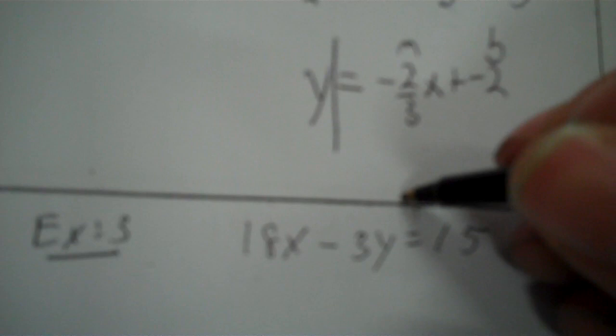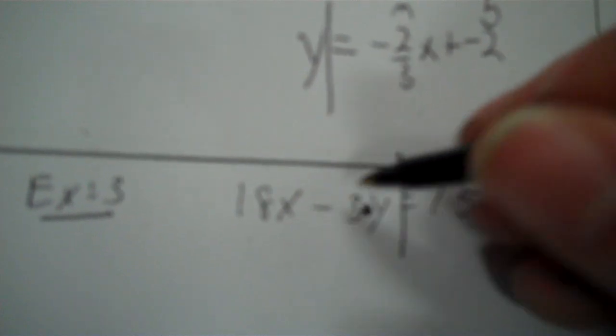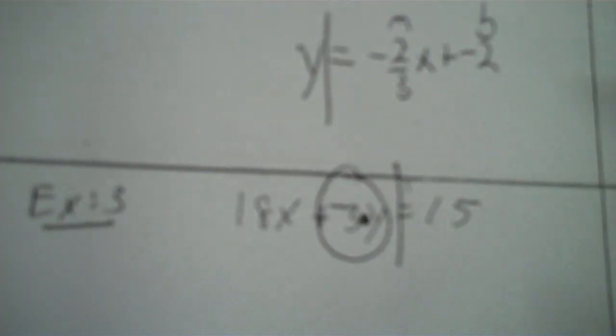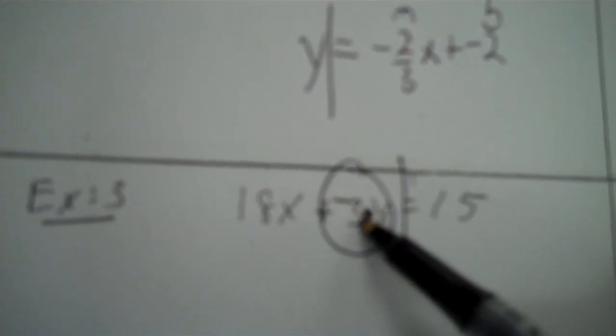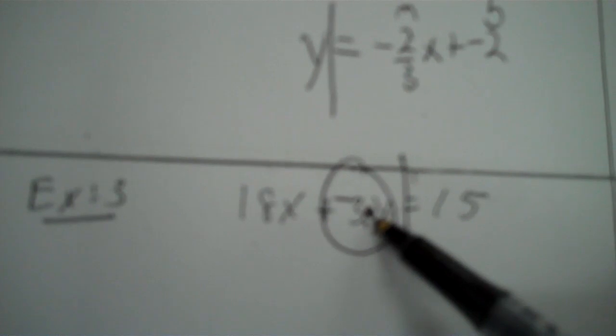Example 3, 18x minus 3y equals 15. So, it's all about the y, okay? Y has a multiplier of 3. Now, since it's a minus 3, it's actually a negative 3 multiplier. Having a negative y multiplier when trying to find the slope is not a good thing, okay?